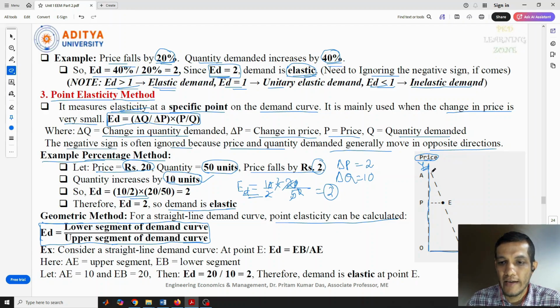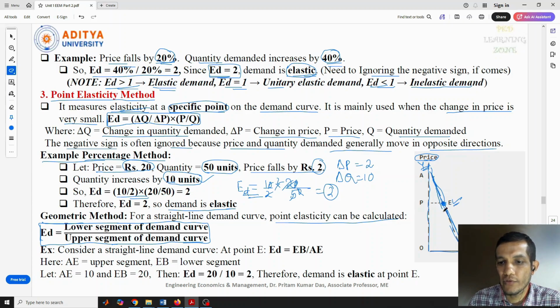This is the graph we got between the price and the quantity. Suppose at this point, as I told you, the point elasticity method is specifically identified at a point on the demand curve. So suppose here a point E is taken, and we need to find out the demand at the E point. So what is told: ED equal to lower segment.